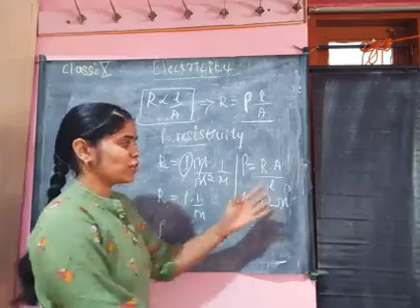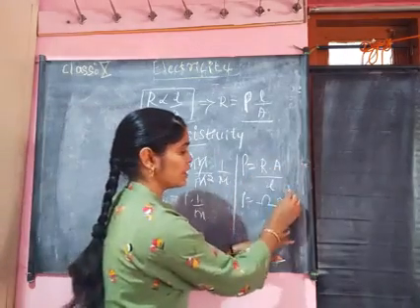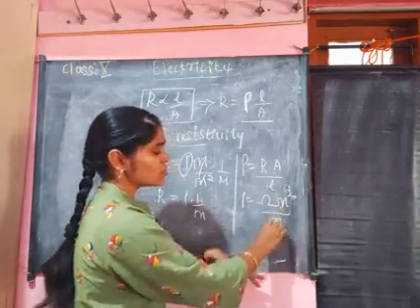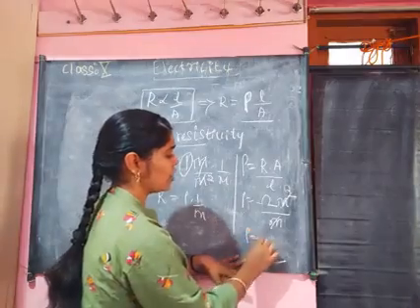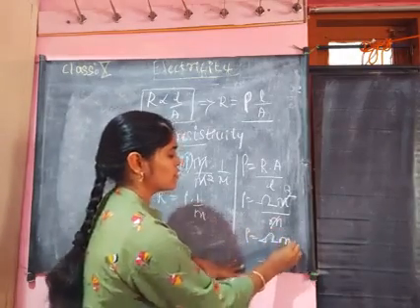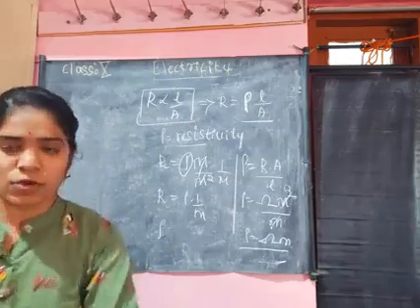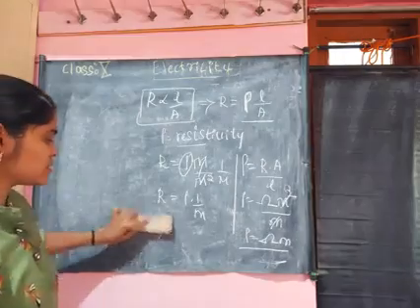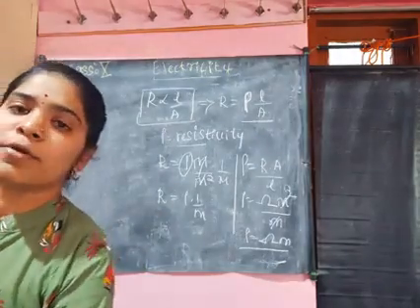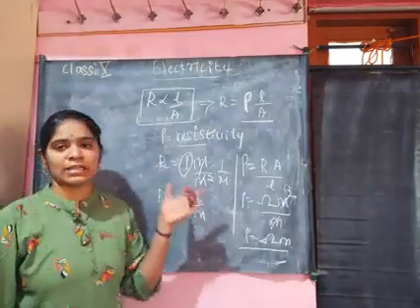This cancels and we are left with ohm meter. So this is the SI unit of electrical resistivity, which is a property of the material.